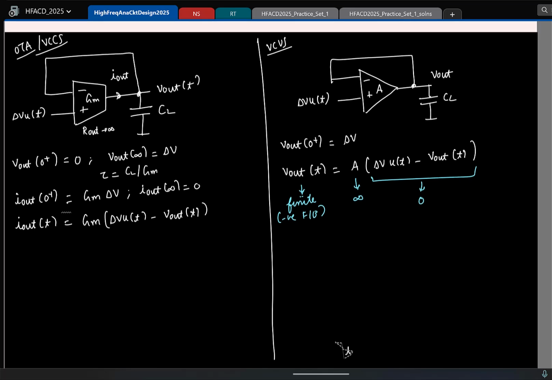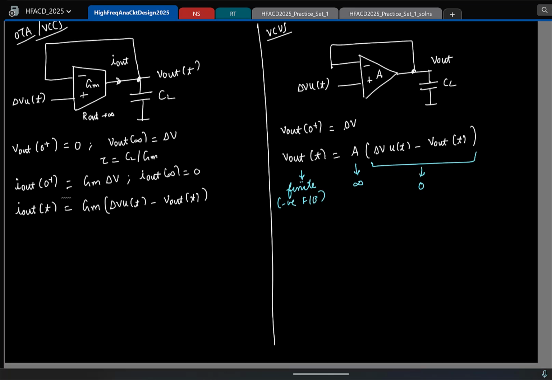Say I have a VCVS like this, and let us say the gain of this fellow is some A. Which means the voltage gain from the input to the output is A. Now let us say I introduce some load here, could be any load. If I introduce a load at the output, will the gain from the input to the output change? No, it is a voltage source, it doesn't matter what you put there. So the gain is still A.